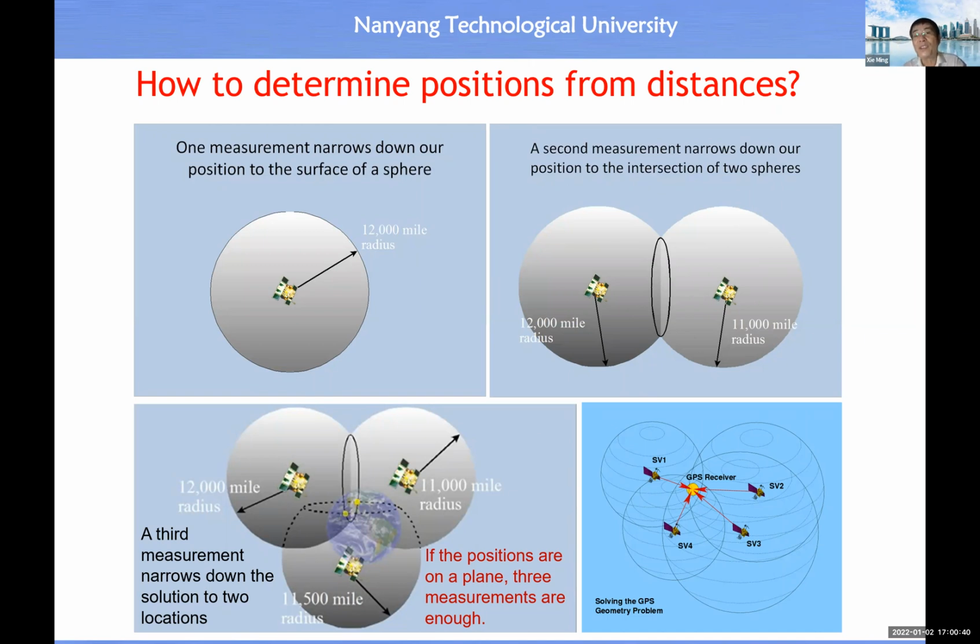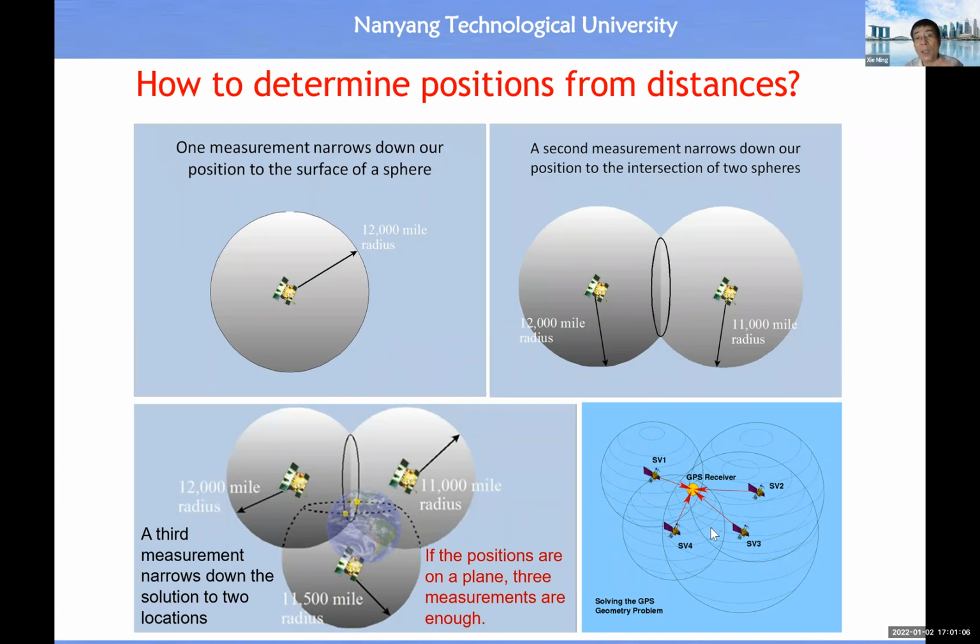So one way to introduce an extra constraint is to limit the motion of this target to a planar surface, okay? We know that this object only has 2 coordinates because the third one is equal to 0. Then in this case, 3 reference points or 3 emitters of a time signal should be good enough, all right?